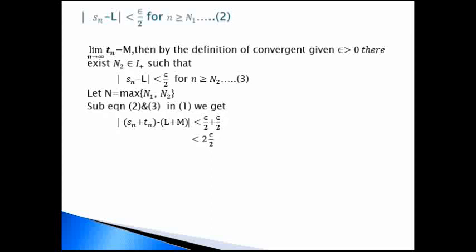So finally we get modulus of Sn plus Tn minus (L plus M) is less than epsilon. Therefore limit n tends to infinity Sn plus Tn is equal to L plus M. Hence the sum of two convergent sequences is the sum of their limits.